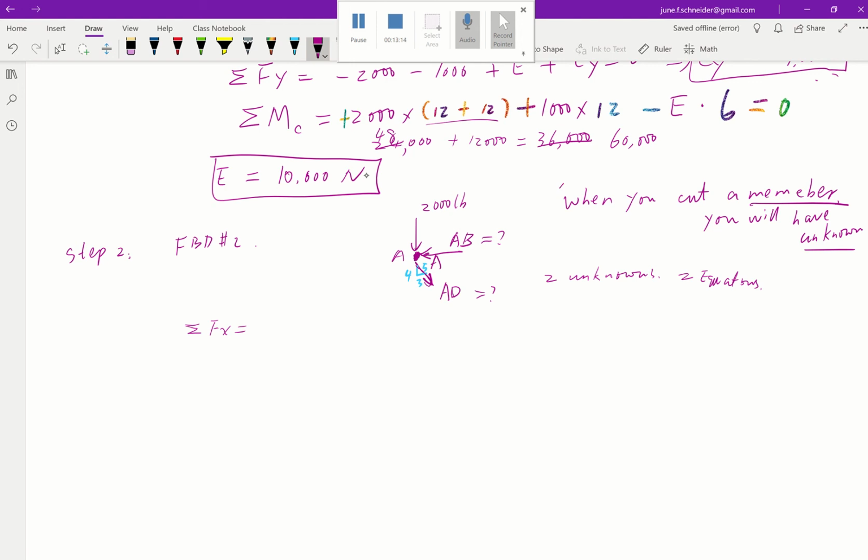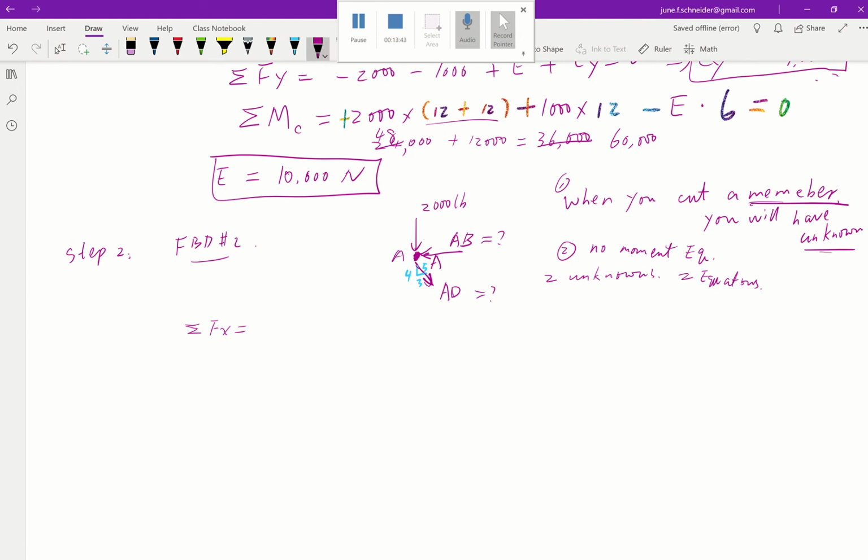Now, you just had another discovery. If you are using the method of joints, you will have no moment equation because all those forces are going through the same joint. So in other words, when you are trying to create an FBD of a joint, you want to start with something where, when you cut a member, you have unknowns.